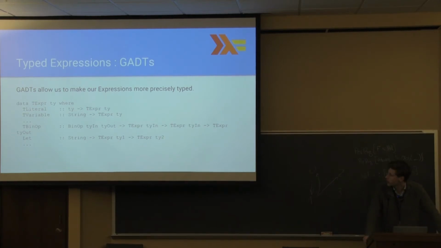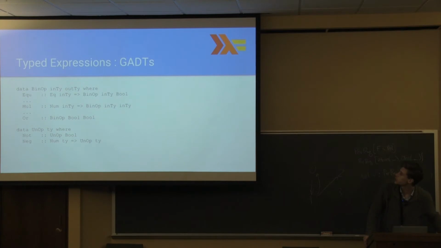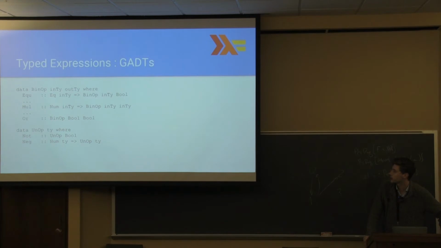I'll try and make that a little bit more clear as we go along through the slides about how the type specificity works. It's probably not clear here, but it would be clear once we introduce these things. So for our bin ops, for the equivalent representation, we're actually going to specify constraints on our types rather than specifying the types themselves.